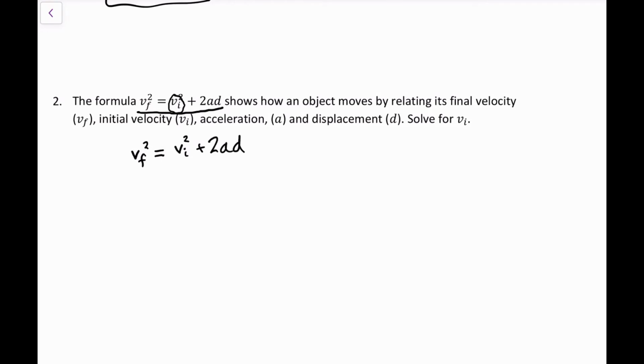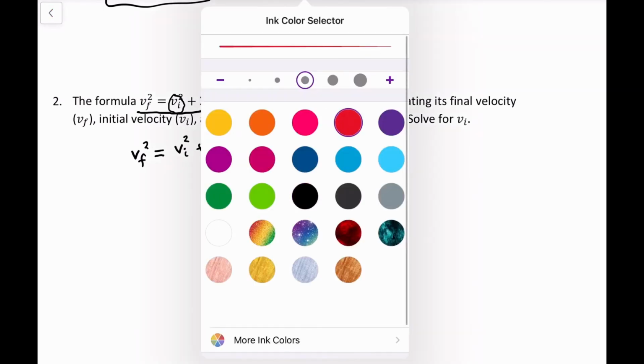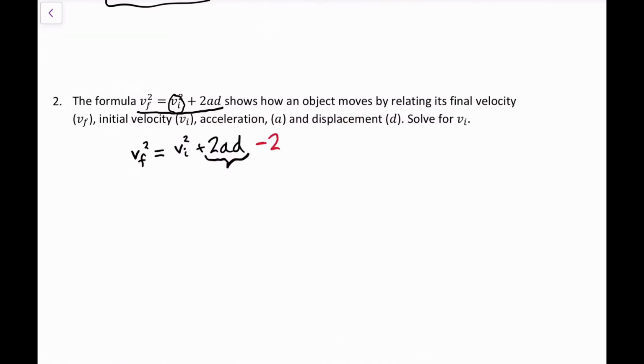So the first thing that we're going to have to do here is right now the Vi squared is being added to 2AD, so we have to do the opposite of that. And we can move all of this at once. So we're adding all of 2AD, so we're going to want to subtract all of this 2AD.